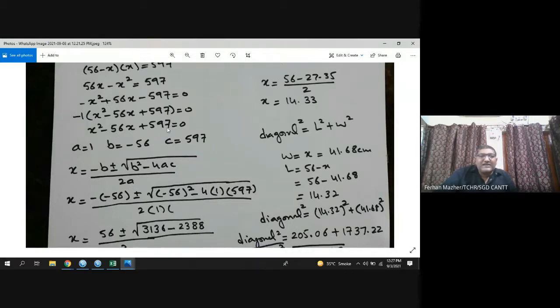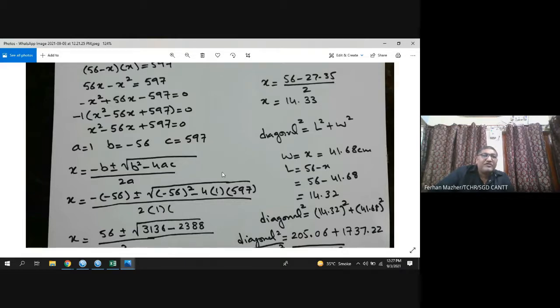So you will have the equation x square minus 56x plus 597 equals 0. This is now in the standard quadratic form. The coefficient of x square is 1, the coefficient of x is minus 56, and the constant is 597. So I will apply the quadratic formula. The quadratic formula is minus b plus minus under root b square minus 4ac, divided by 2a.